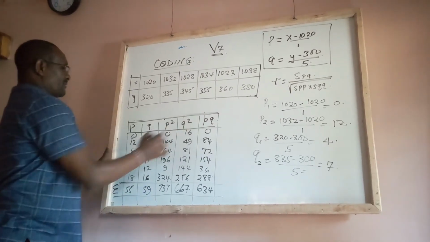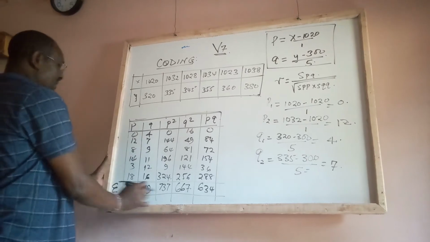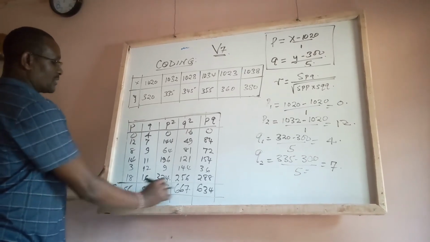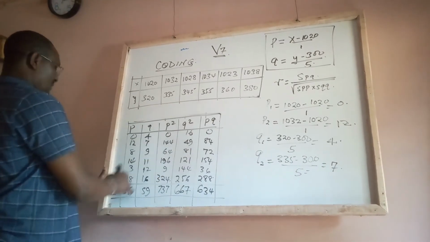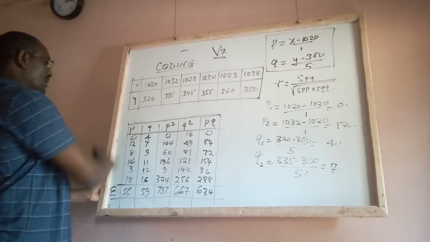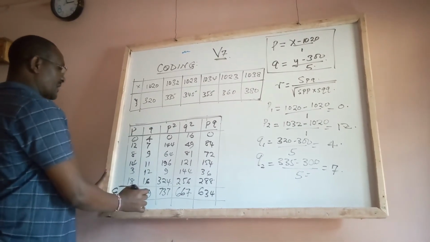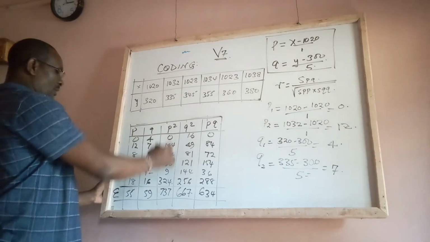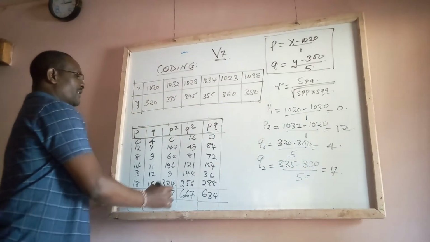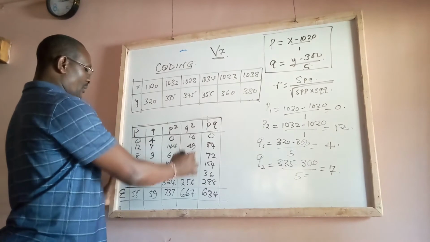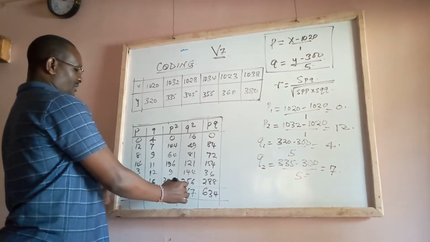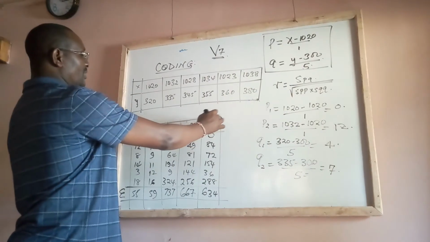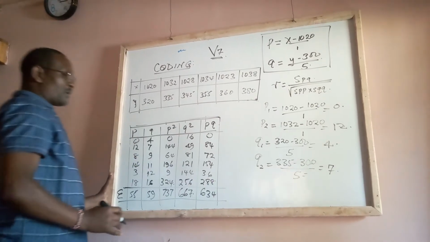Now, within this table, we need the sigmas, and this row is about the summation of each column. We need sigma p, we need sigma q, which is 59, we need sigma p squared, which is 737, we need sigma q squared, which is 667, and we need the sigma of pq.